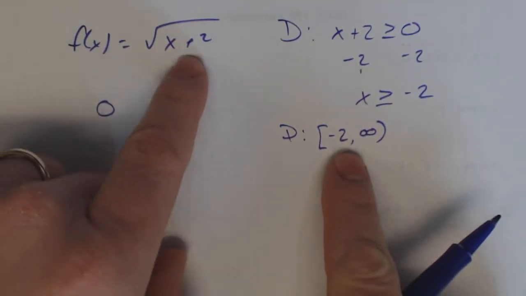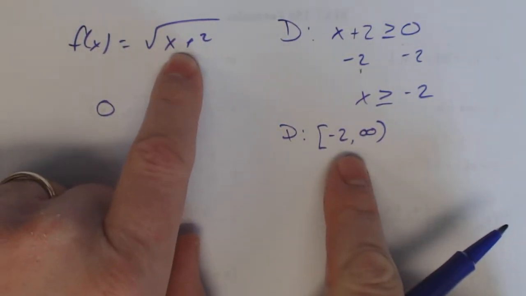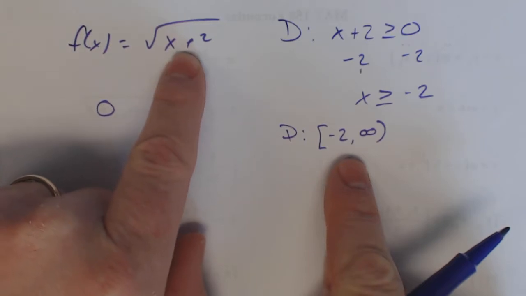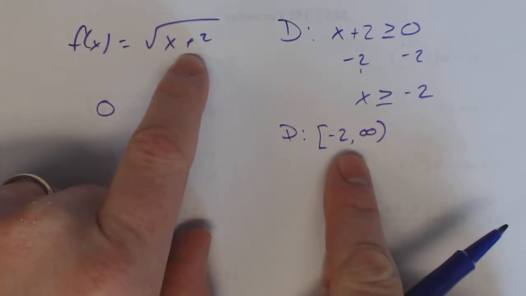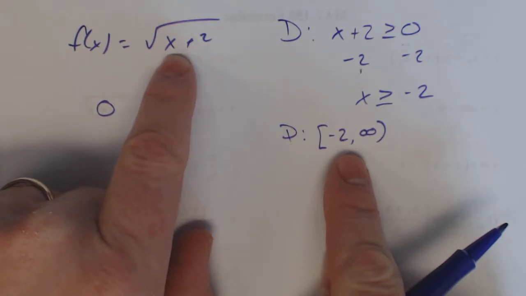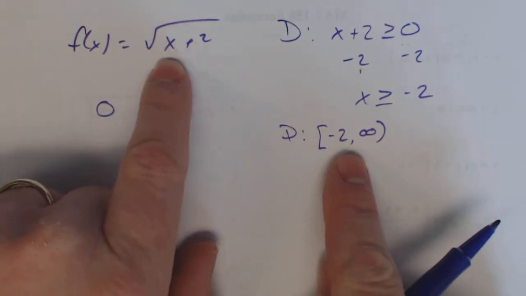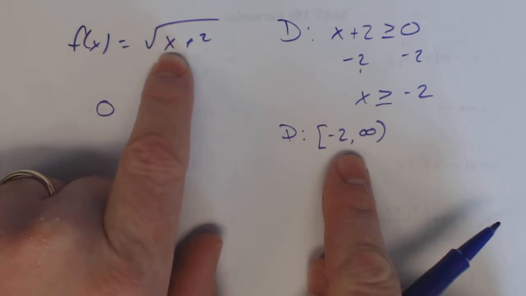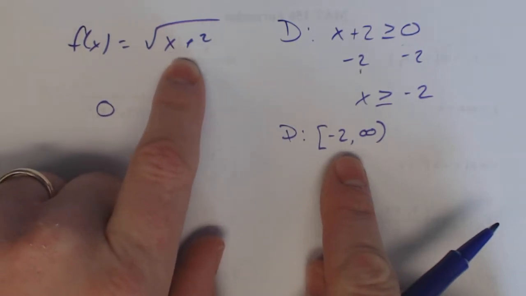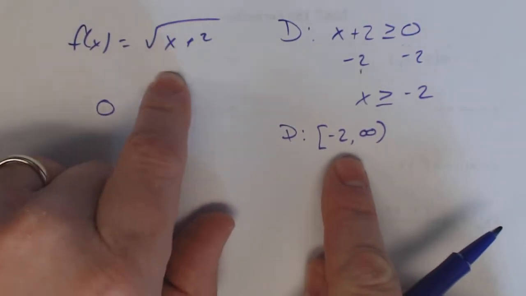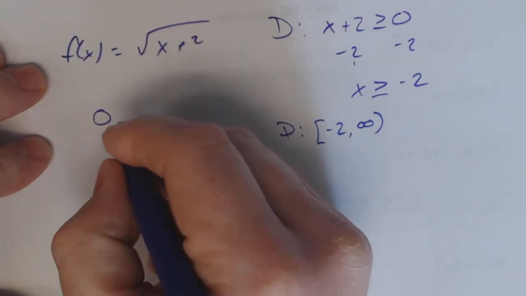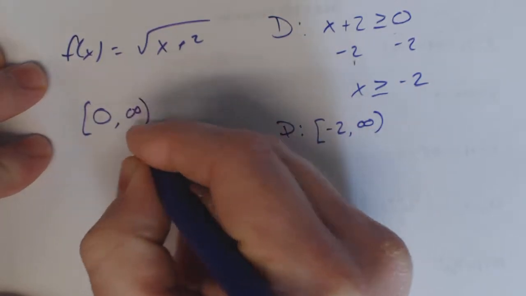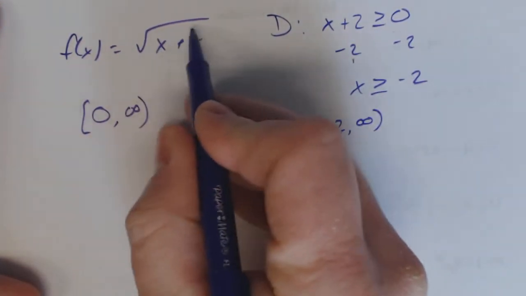And then negative 1, if I put negative 1 in, negative 1 plus 2 is 1, and square root of 1 is 1. If I put a 0 in, square root of 2, and if I put a 1 in, I get the square root of 3. If I put a 2 in, I get a square root of 4. If I put a 3 in, I get a square root of 5. So basically, I'm going to go from 0 to positive infinity, including 0, because if I plug negative 2 in, I actually get the square root of 0.